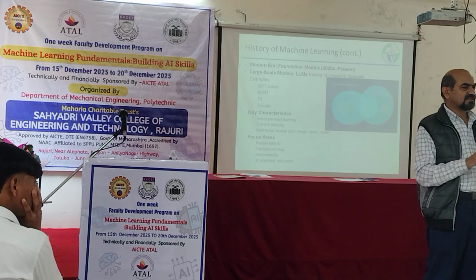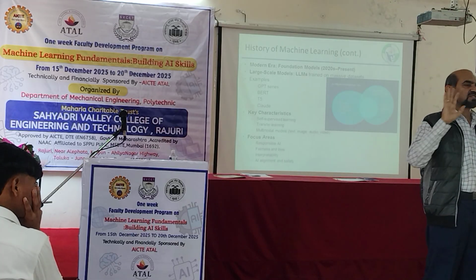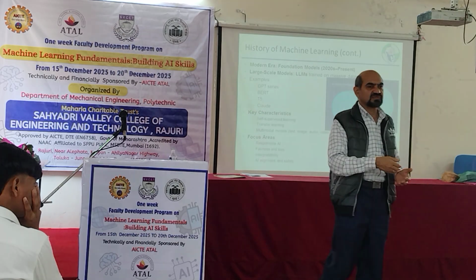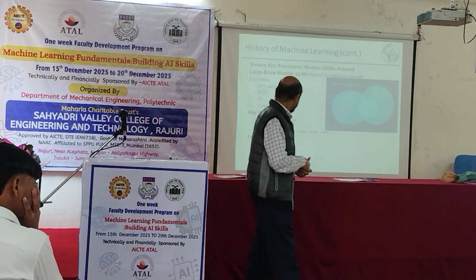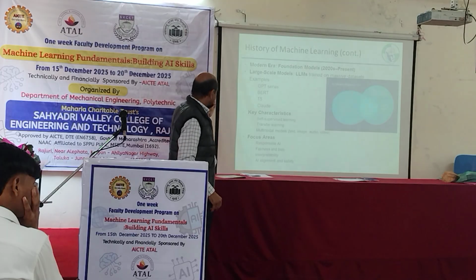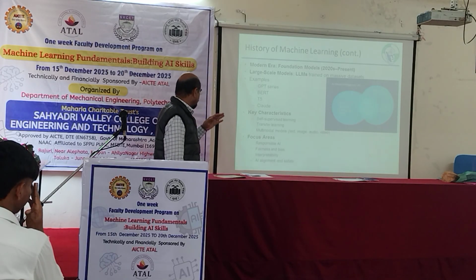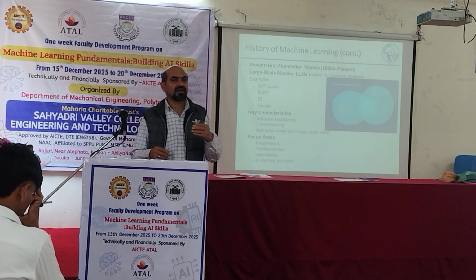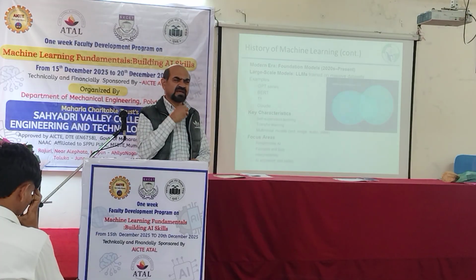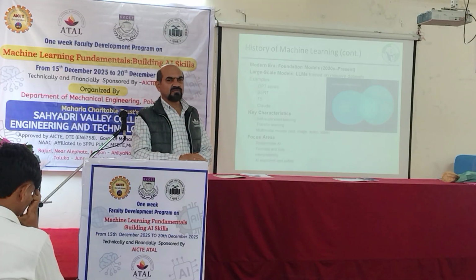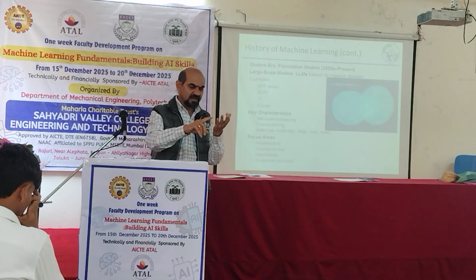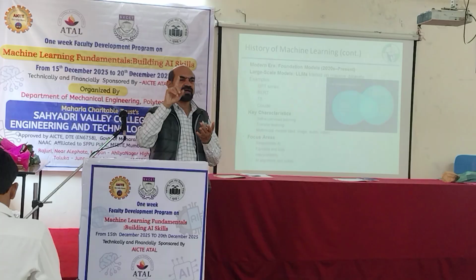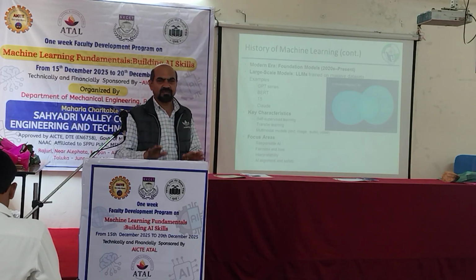How many people are searching anything on Gemini? I told you earlier what the drawback is of using these models. Examples: ChatGPT, BERT, T5, Claude, Gemini, NotebookLM. There are many models available nowadays. For text generation a different model, image generation a different model, video generation a different model. Everything is available.